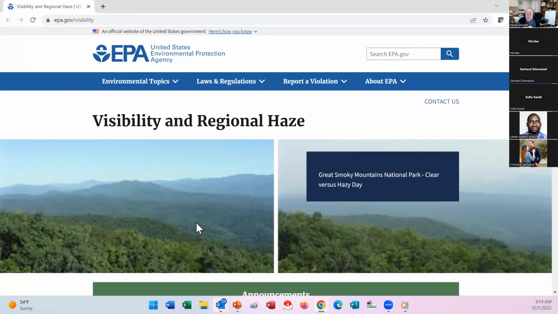Sulfate concentrations that are absolutely no problem for human health may be a problem for visibility in the Grand Canyon, because even a small amount of pollution can reduce the visibility from 100 miles to 30 miles. The initial impact is quite high.